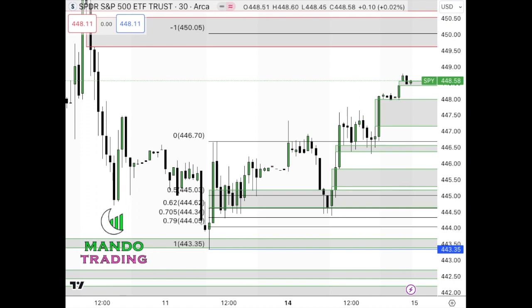A reason for that happening would be, potentially we ran into a higher time frame level or resistance, that kind of shifted market structure, shifted the momentum of what we were playing. So again, nothing is going to be 100% effective, but even when it doesn't work in your favor, you always have a clear-cut criteria in which you can make your decisions off of.